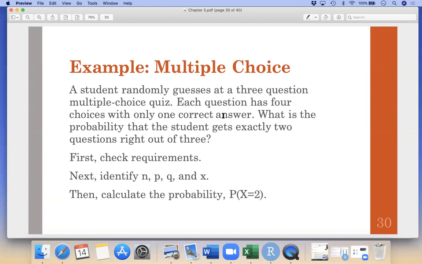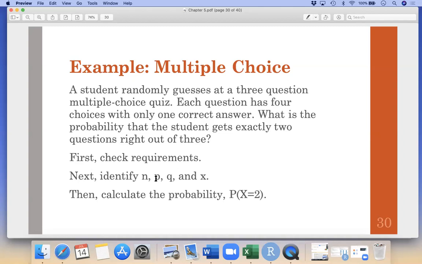Got it? Because for each and every question we have four possible choices. Out of four, we have only one correct answer. So what is the success probability? 1/4. It is the success, because the question is also about right questions.